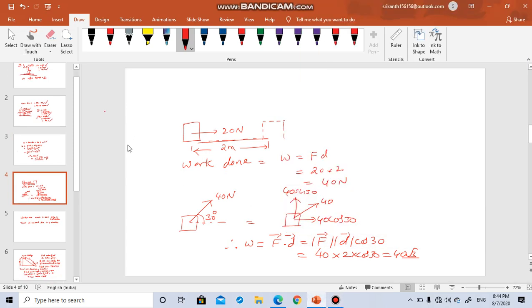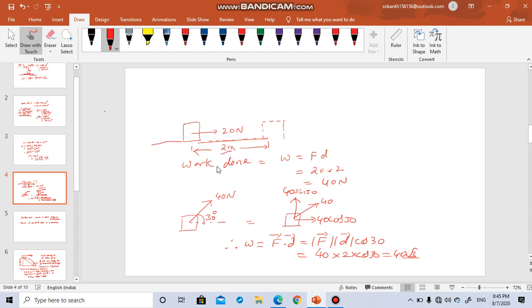Now let us see some basic examples of how to find the work. Imagine there is a block on the ground. The ground is flat, and a force of 20 Newton is applied on the block. The block got moved by 2 meter.